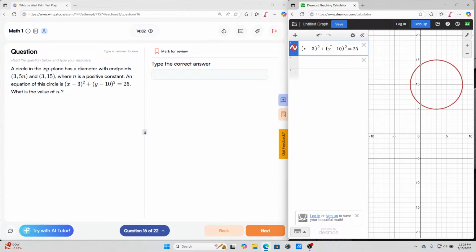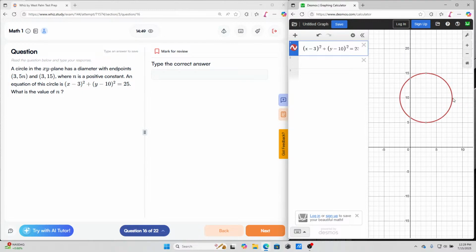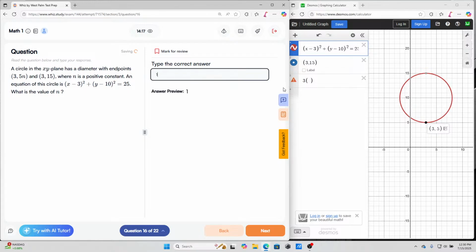Squared equals 25. So endpoints. Okay, wait, n is 1.